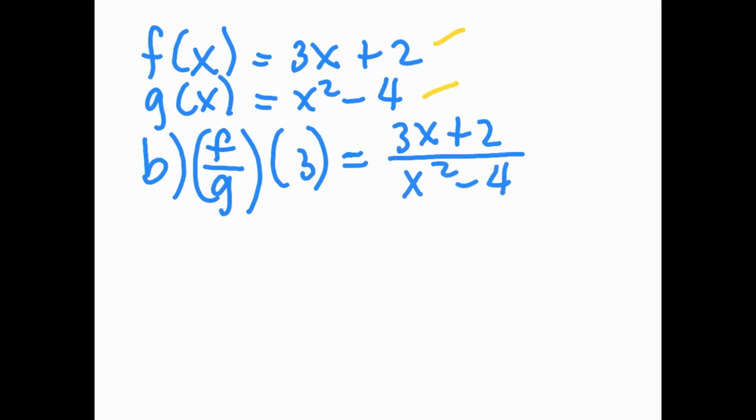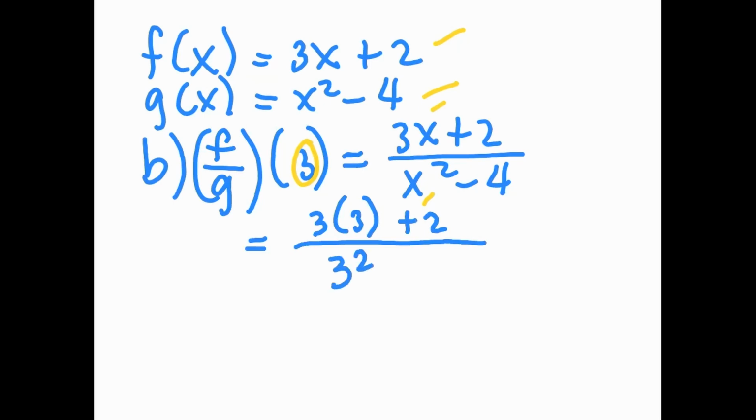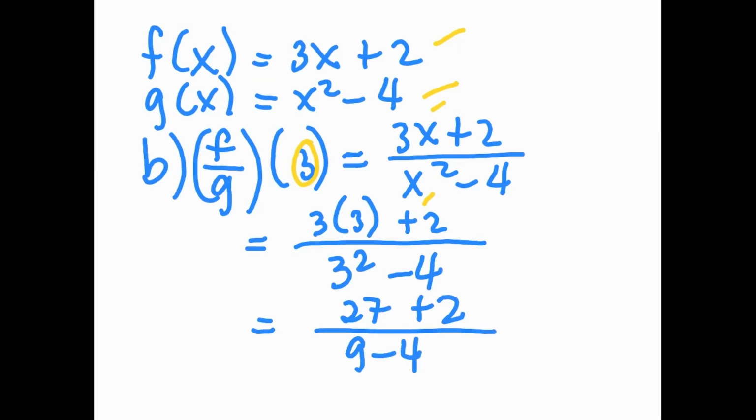Then substituting this value of x, which is equal to 3, into the variable x, we'll have 3 times 3 plus 2 all over 3 squared minus 4, which will give us 27 plus 2 all over 9 minus 4.